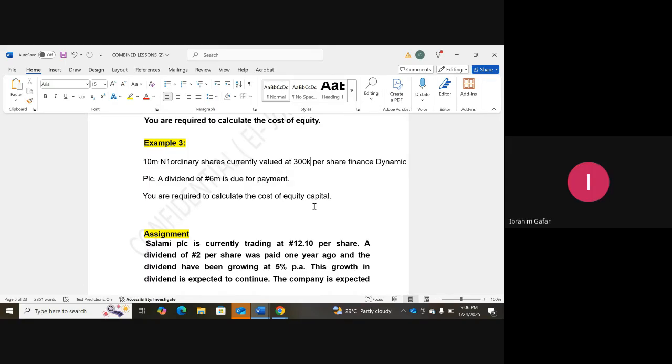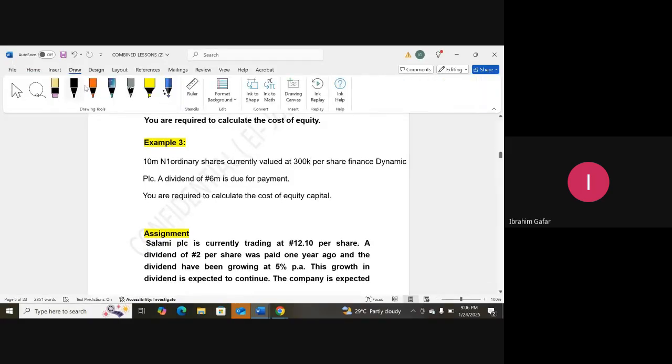So if you look at this scenario, we are told that 10 million one naira ordinary shares are currently valued at 300 kobo per share. Finance Dynamic PLC. A dividend of 6 million naira is due for payment. If we want to analyze this, who can tell us what this 300 kobo represents?